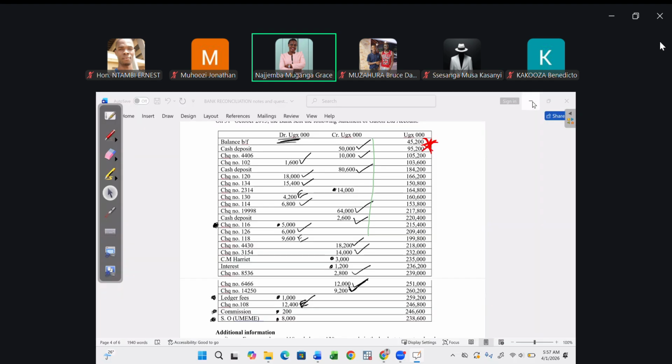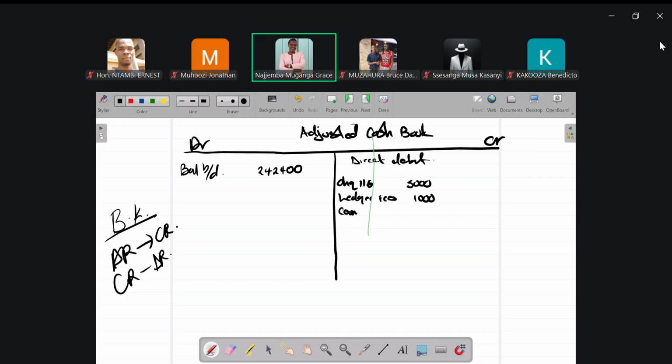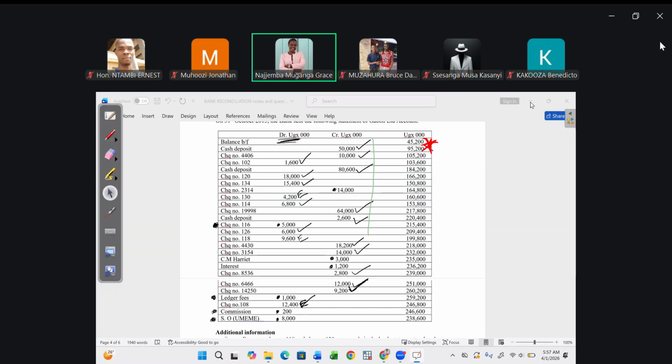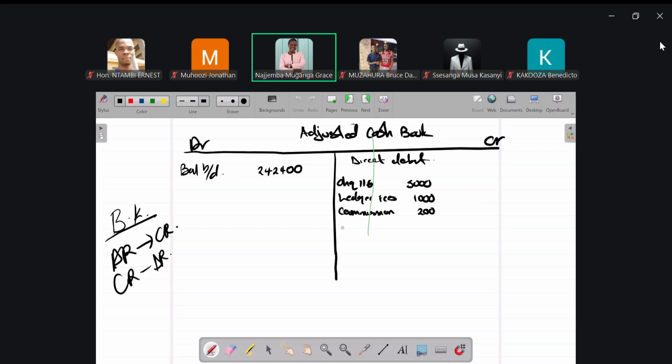Then commission, 200. Umeme, 800. And those are the direct debits.